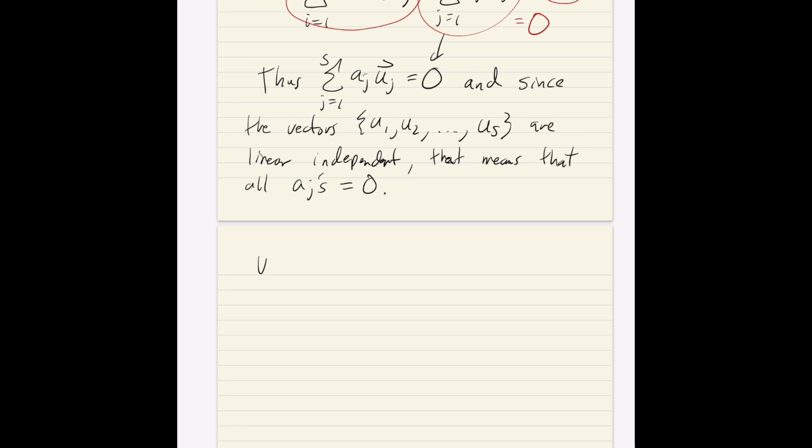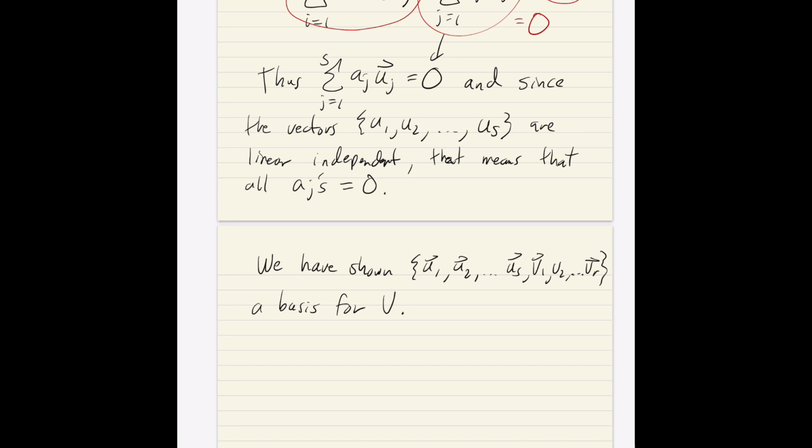We have shown that the set u1, u2, all the way to us, and the rest of the vectors v1, v2, all the way to vr, this set is a basis for V. And what's the size?